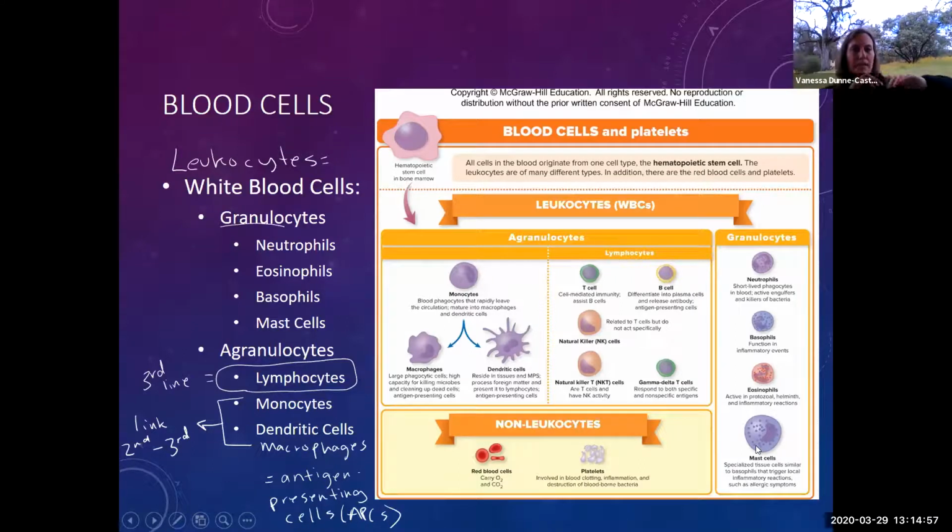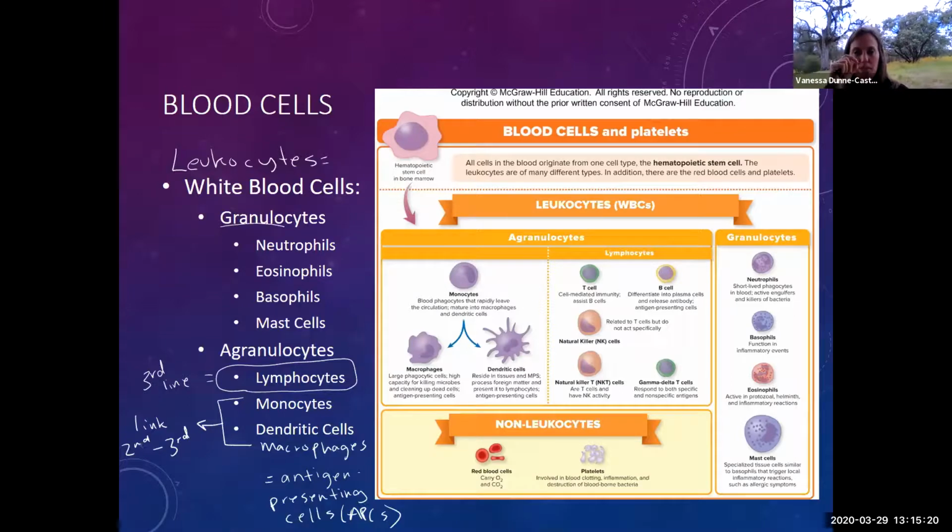So as soon as a mast cell reacts, what any of these granulocytes do is they degranulate. That means they release their internal granules, and whatever's inside those granules gets out into the environment. Neutrophils, basophils, eosinophils, actually all of these guys have particular chemical mediators called cytokines, which we'll talk about in just a little bit too.